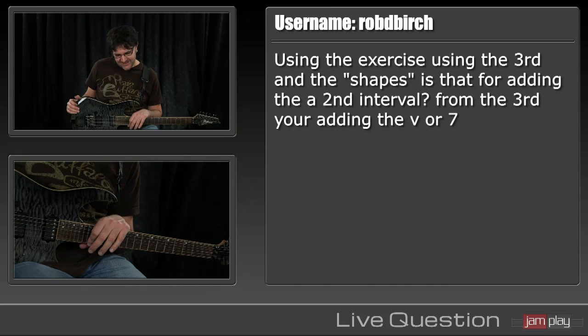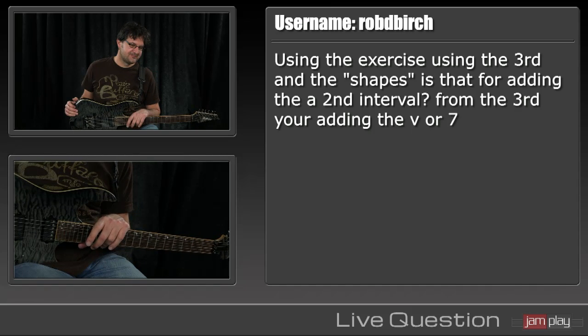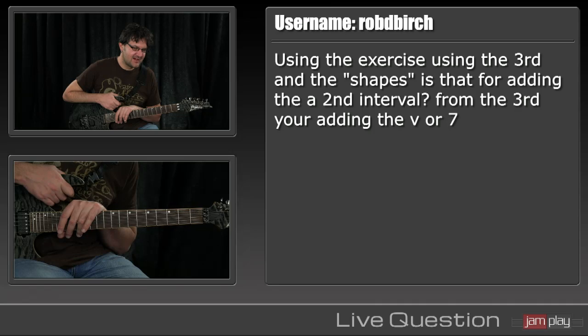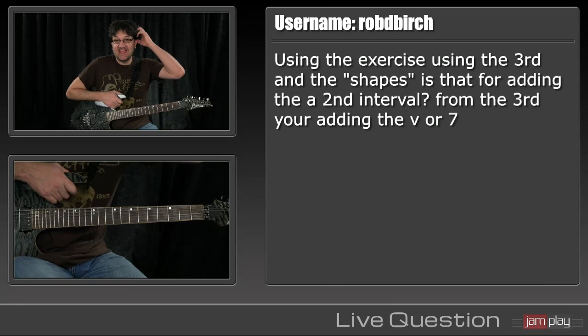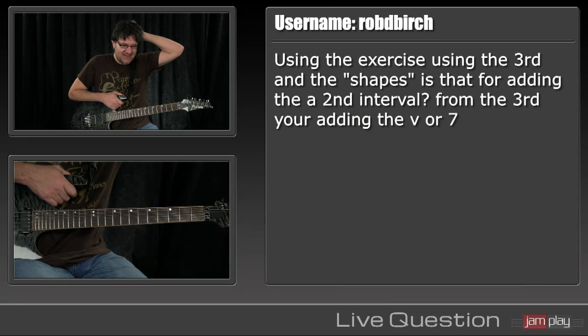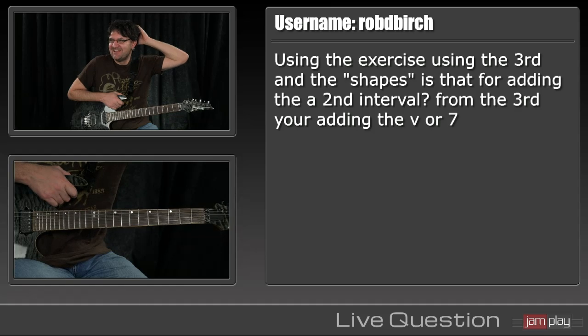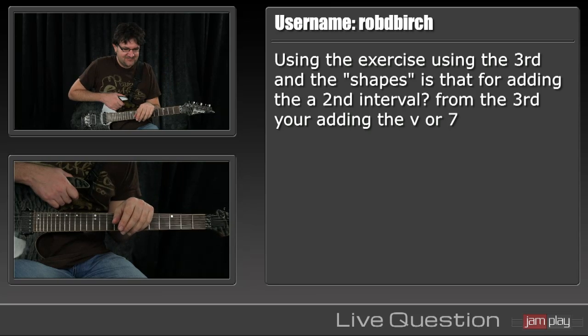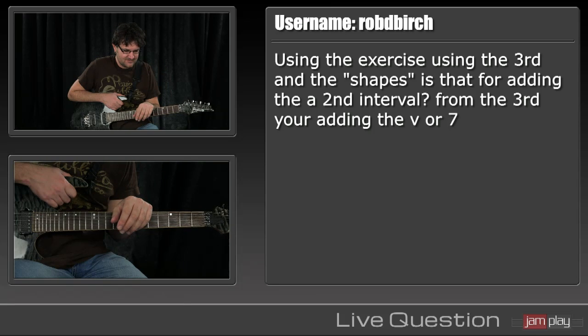I think he probably means the 5th. Okay. Yes. I think the answer is a yes. I'm not sure I understand the question. If you want to clarify. I think I forgot I had asked him to clarify, and I don't think he ever did. Okay. So let's move on.